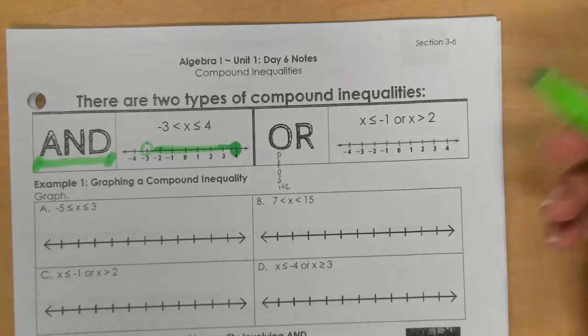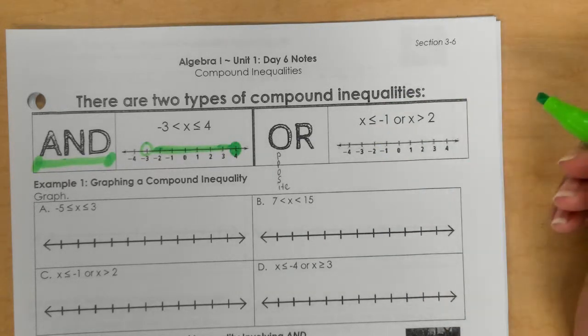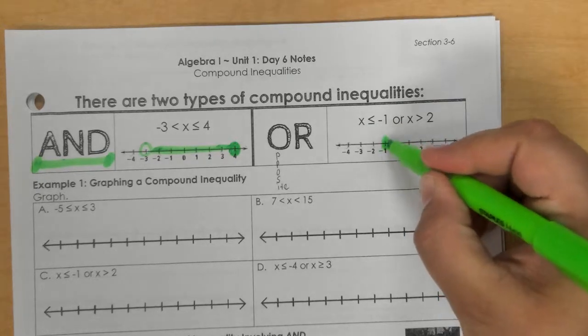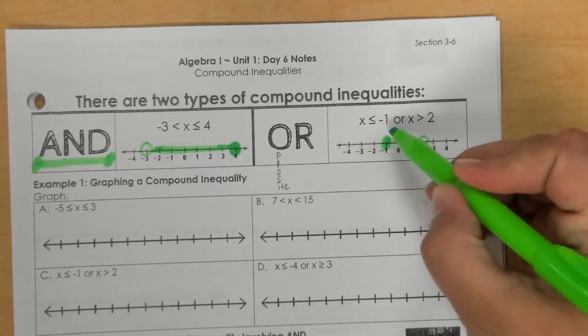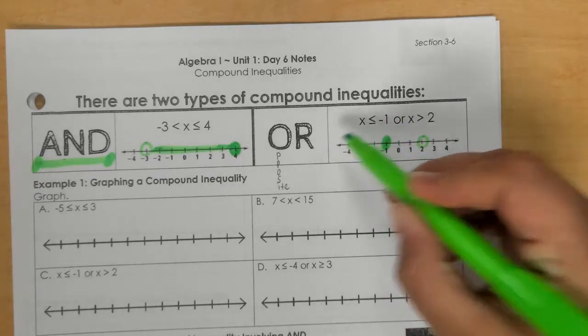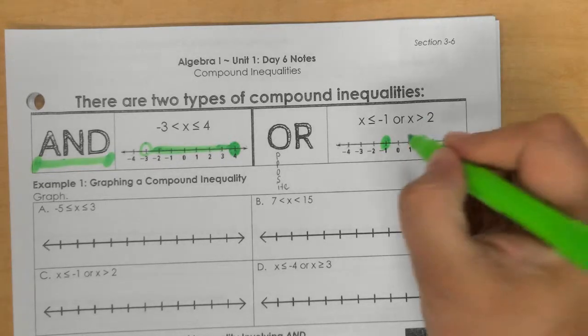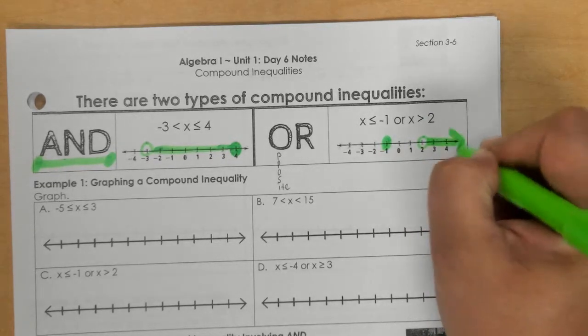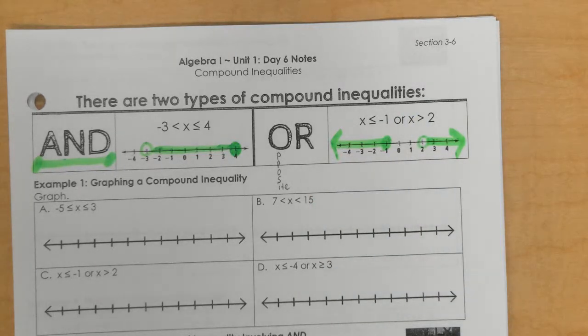Okay, so at negative 1, we would have a closed circle. And at 2, we would have an open circle. But this is saying that x is less than or equal to negative 1, so that's less than. And then x is greater than 2, this is greater than. So I would draw those two going opposite directions.